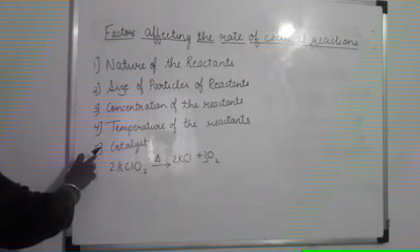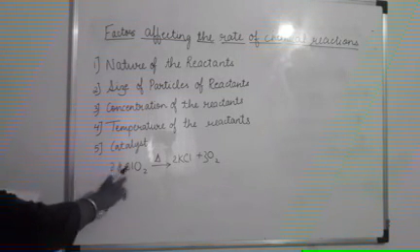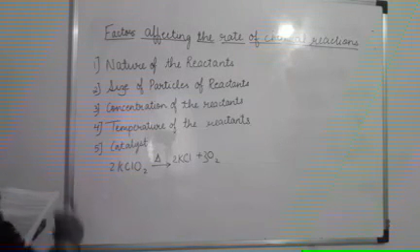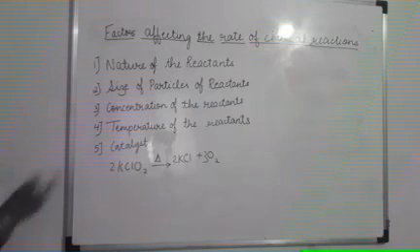Therefore, a catalyst is the substance in whose presence the rate of chemical reaction changes without any chemical change. It is called a catalyst. So these are the five factors which affect the rate of chemical reactions.